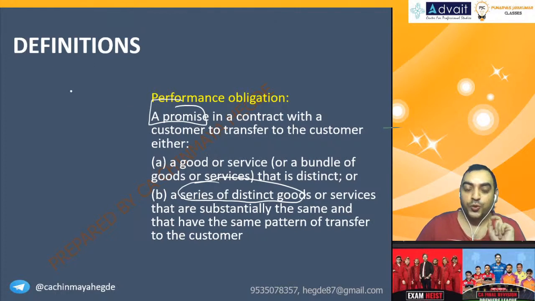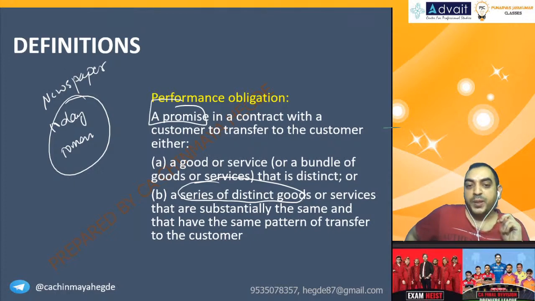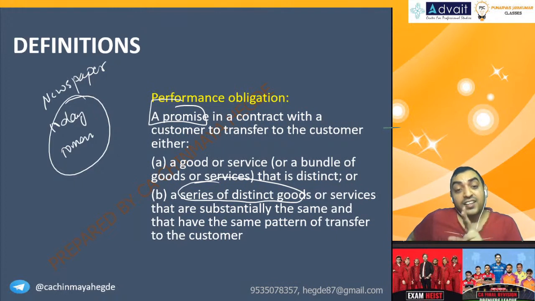Okay, let me ask you one question. Newspaper, today and tomorrow. Two-day newspaper, if I compare, can you tell me whether they are distinct products or the same product? Today's newspaper, tomorrow's newspaper.